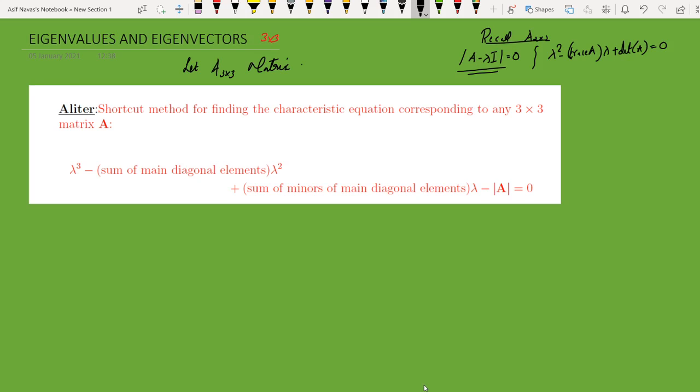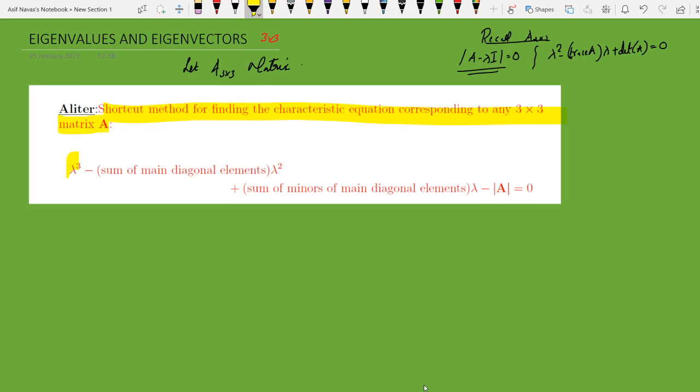Now similarly, we have a shortcut method for finding the characteristic equation of a 3 by 3 matrix. So this is the shortcut method, and I will tell you what it is.